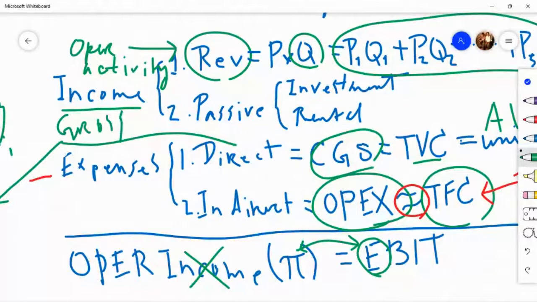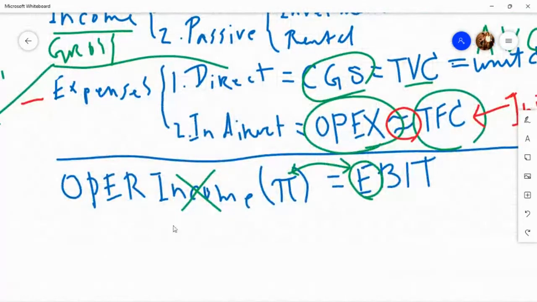But once you subtract or net out the expenses, it becomes profit. It should be called profit.